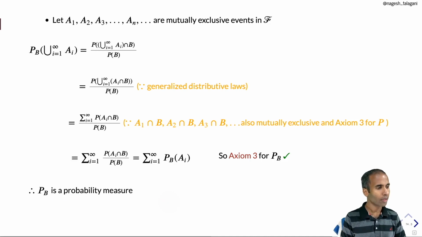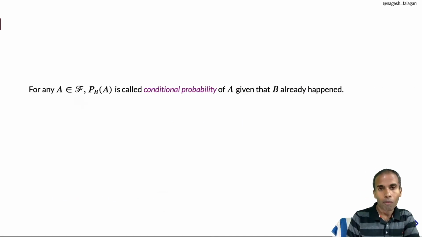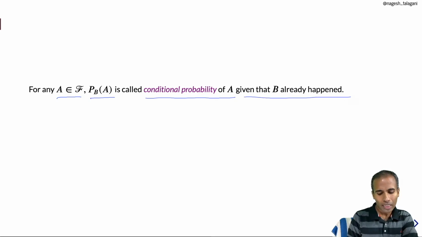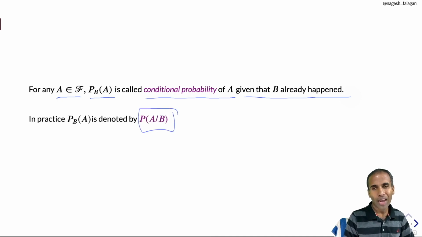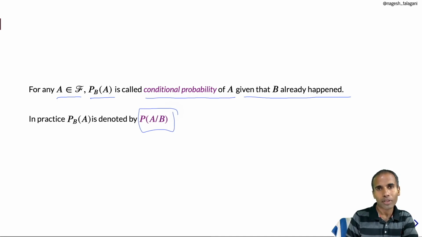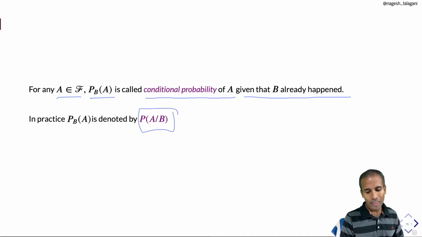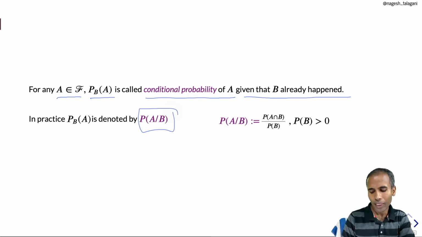Next, for any event A in the event space, this P_B(A) is called the conditional probability of A given that B already happened. In practice, P_B(A) is denoted by P(A|B), and we read it as the probability of A given B. It is P(A ∩ B) / P(B), and it makes sense when P(B) is positive, because we don't want the denominator to be 0.